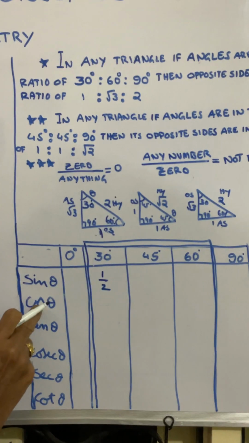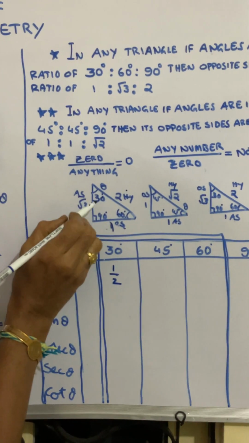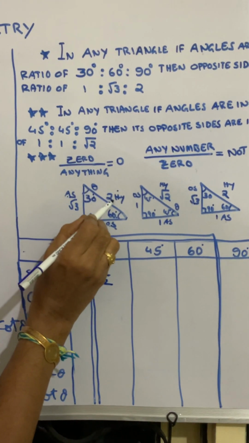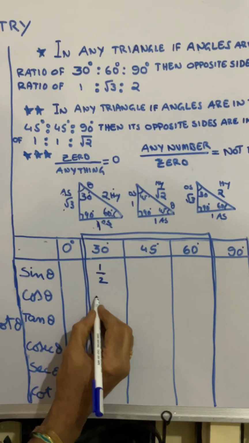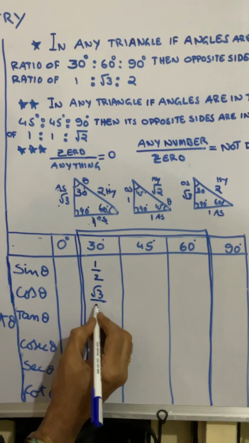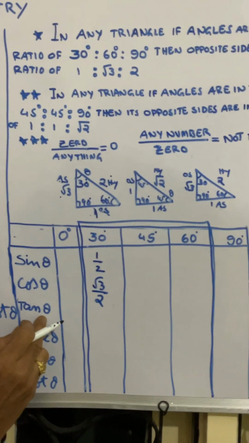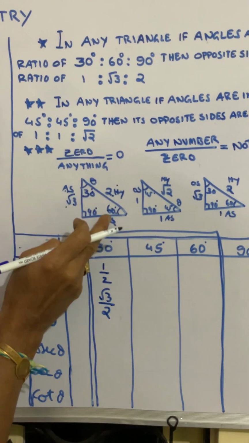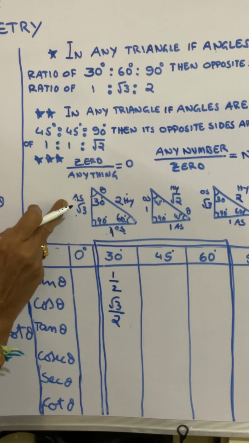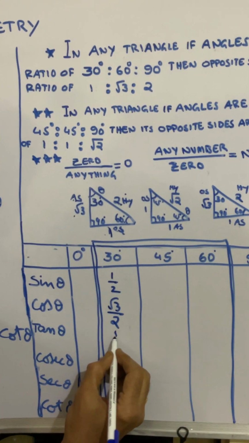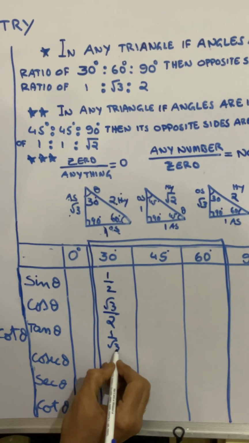Similarly, cos 30 means adjacent side by hypotenuse. Adjacent side is root 3, so root 3 by 2. Tan 30 degrees, opposite side by adjacent side: opposite side is 1, adjacent side is root 3.